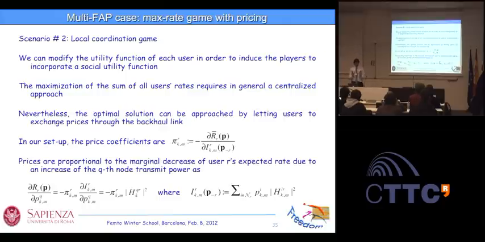But your power also appears in the rate of the others, and when it appears there, it's a convex function. The other rates are convex functions of my own power. This is why we have a summation of functions where my own rate is a concave function of my power, plus other terms which are convex functions of my power.